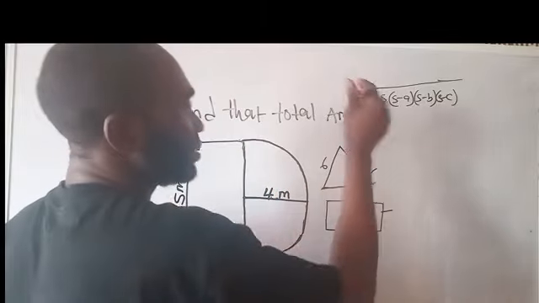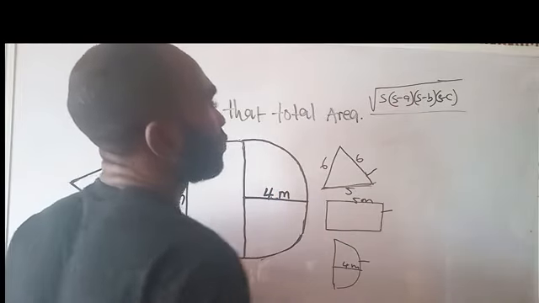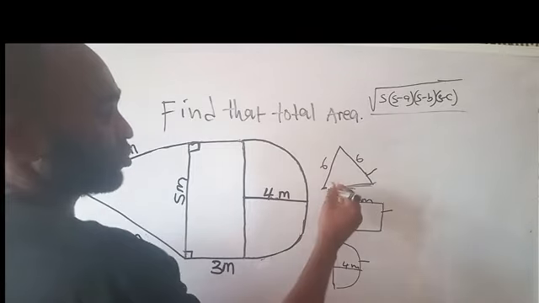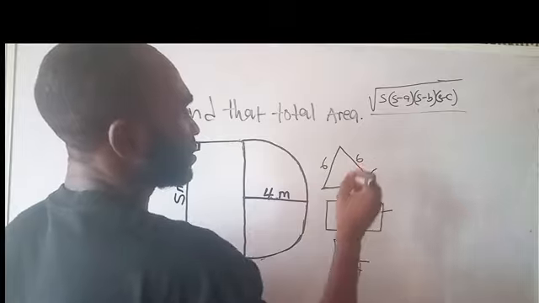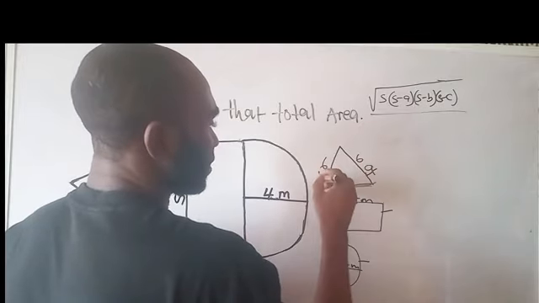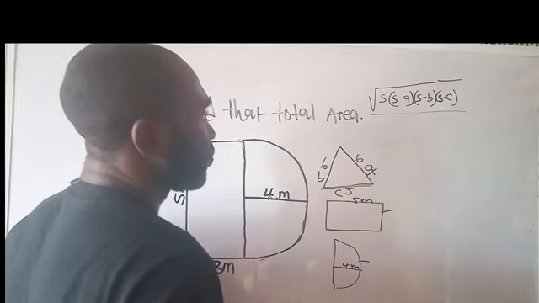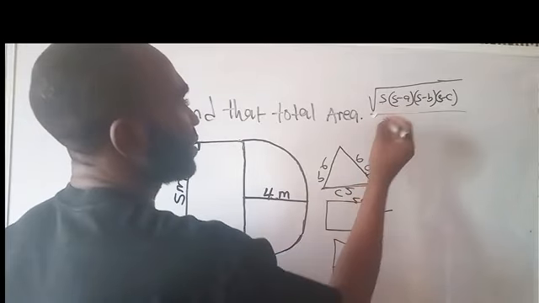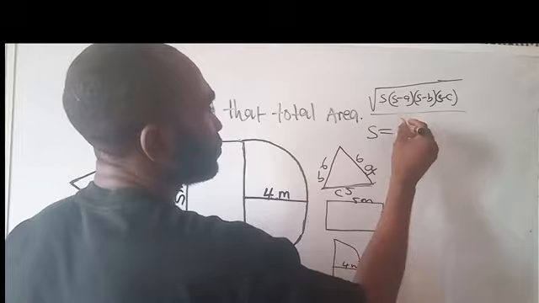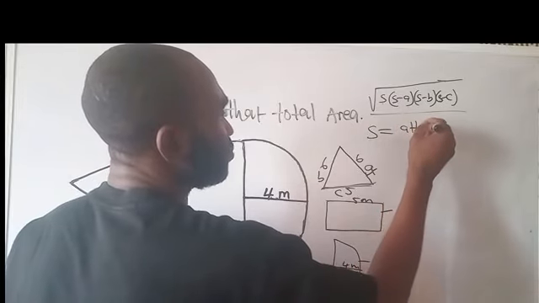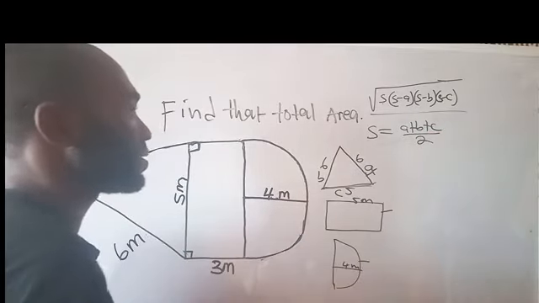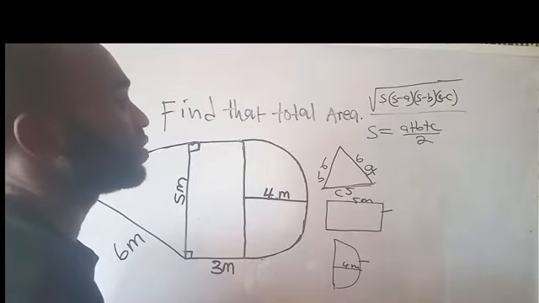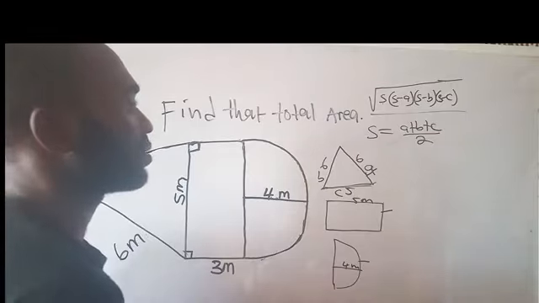Here is a, here is b, here is c. But remember, to find s, s is equal to a plus b plus c all over 2, that is, half of the perimeter of the triangle.